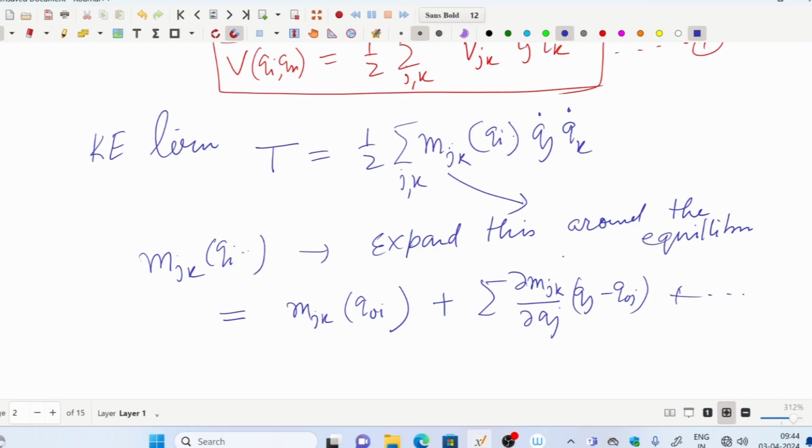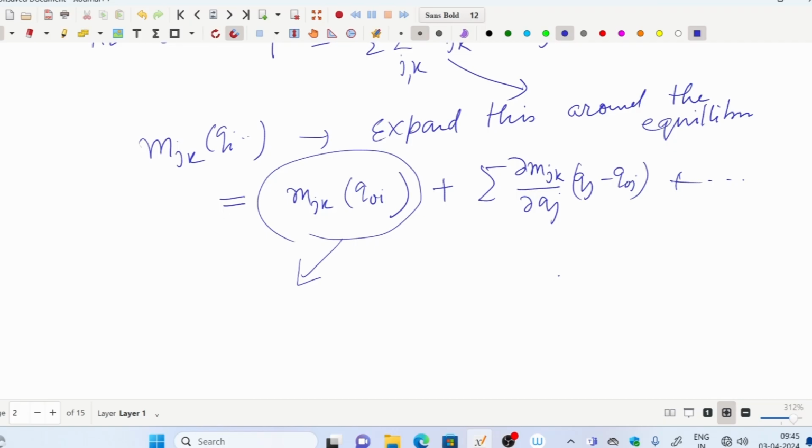In the lowest order we keep only the first term, because we know that the kinetic energy term is quadratic in velocity, which is independent of coordinates. So the lowest order non-zero term, which is quadratic in velocity, corresponds to this term.